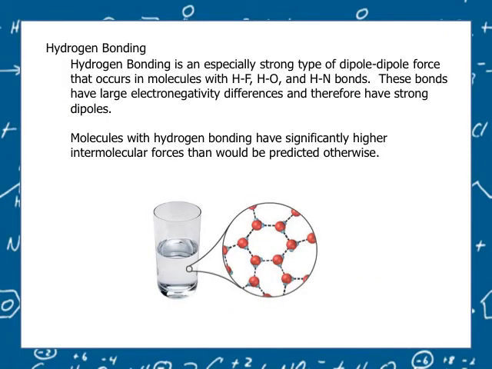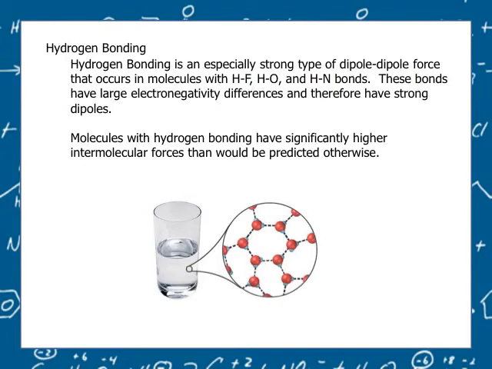I scribbled out water because water is actually a special case of particularly strong dipole-dipole forces that occur in molecules containing HF bonds, HO bonds, and HN bonds. These bonds all have very large electronegativity differences, so they're a little bit closer to being like an ionic bond. So these are just like polar covalent on steroids, especially strong polar covalent.